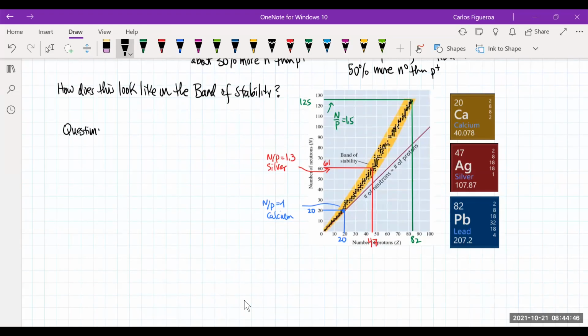Question. Why do heavier nuclei require more neutrons?